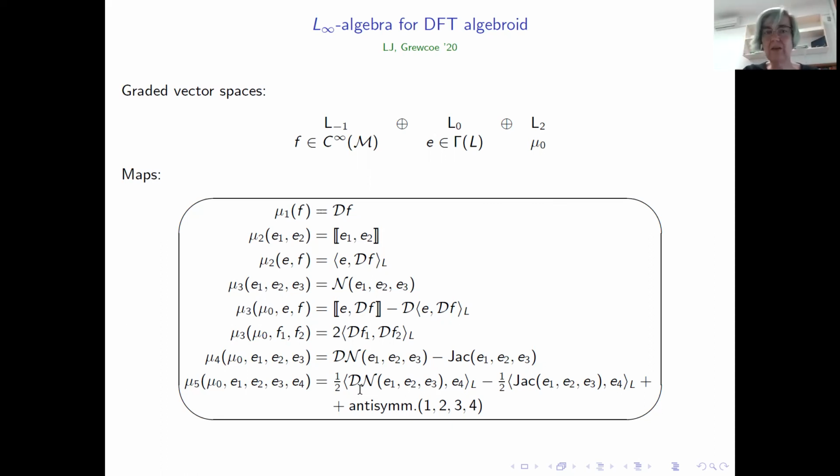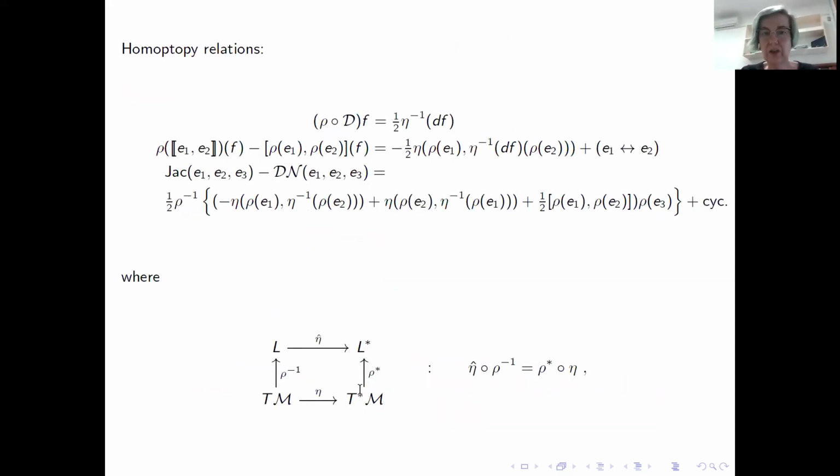If I tell you this is your L infinity algebra, what you get out of this from the homotopy relations, so you know your spaces, you have functions, you have sections of the bundle, you have some constant curvature mu, and these maps, and from the homotopy relations, you get basically the defining properties of the DFT algebroid.